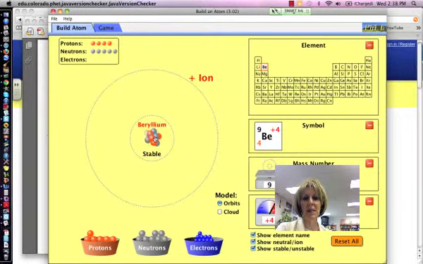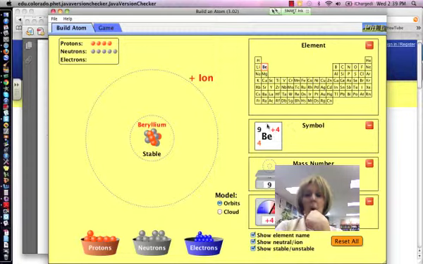It's a whole number. So I just added 5 neutrons to my 4 protons, and I just made the beryllium nucleus stable. Notice that my mass number up here is the number of protons plus neutrons, and my atomic number is the number down in the lower left, which is the number of protons.